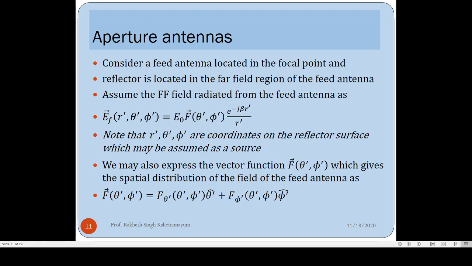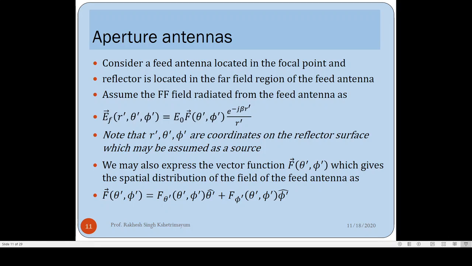So here, for the primary focus reflector, you have a feed antenna and you have a reflector. Let us first concentrate on the feed antenna. Let's say the antenna used as a feed antenna for the reflector has far field radiation electric field E_f equal to E naught, F vector, exponential minus j beta r dash by r dash. This is a standard representation of the far field of the feed antenna.